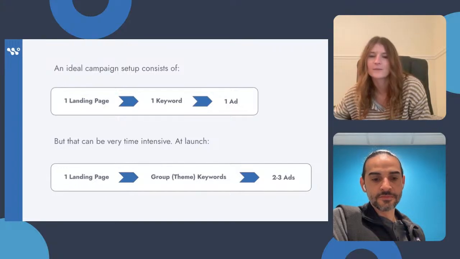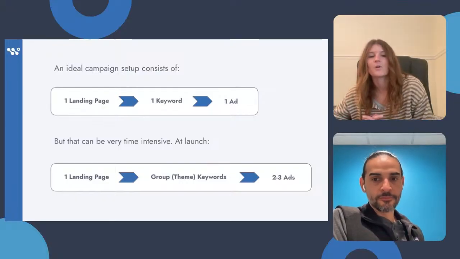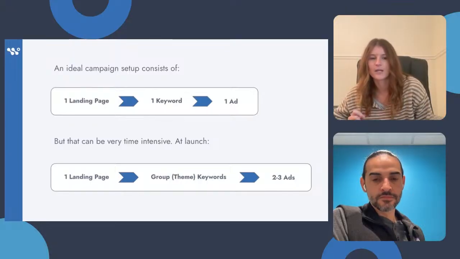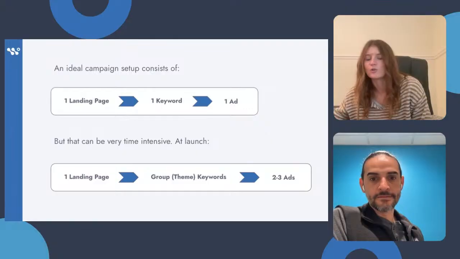And you also have to make sure that the keyword that you're targeting is a high performing, highly relevant keyword. So at launch, you can set up your campaigns with one landing page that targets a group or theme of keywords that is used within 2 or 3 ads.